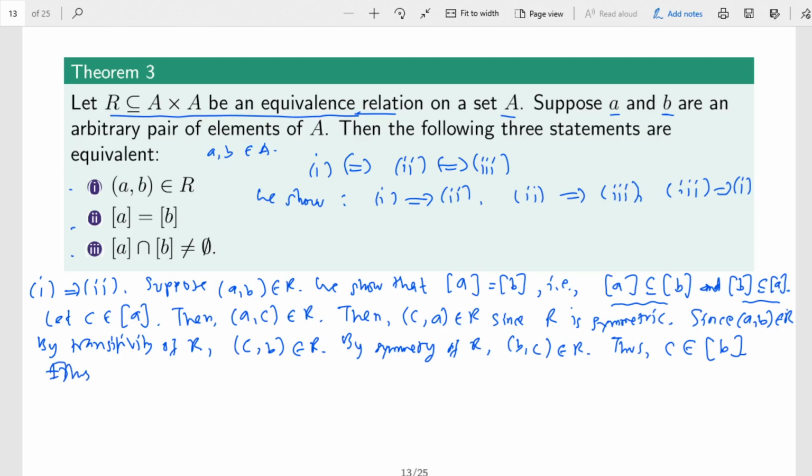Thus the equivalence class of a is a subset of the equivalence class of b.